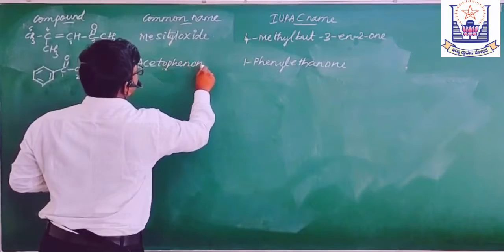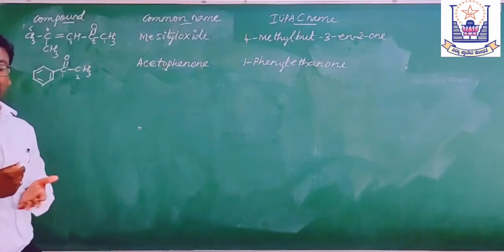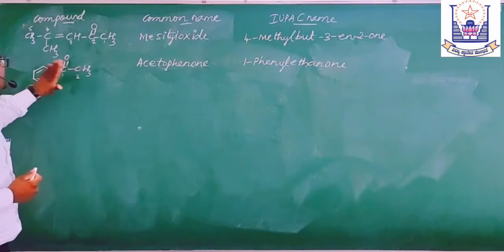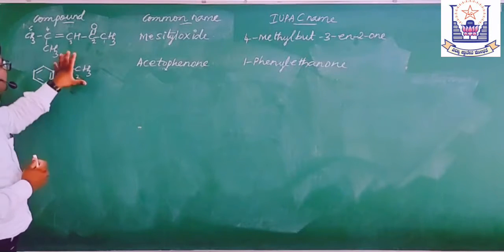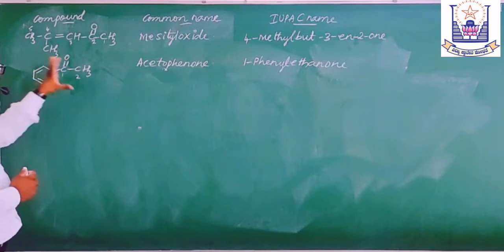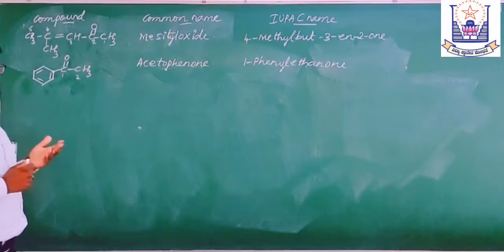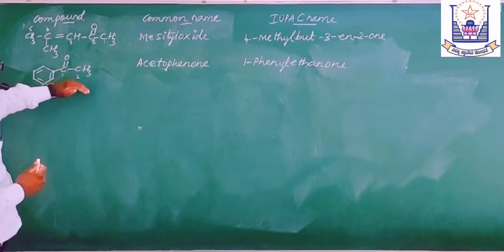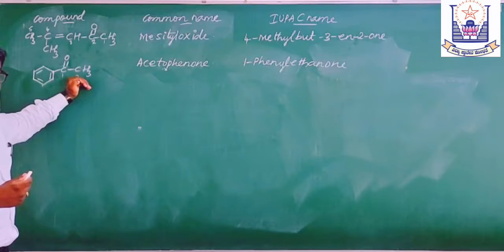You have to remember all the common names and IUPAC names of these compounds. This is generally called acetophenone because this part refers to acetone and this refers to phenone. Other than this, we can also give one more common name. This is phenyl, this is methyl. M of methyl comes first, no?